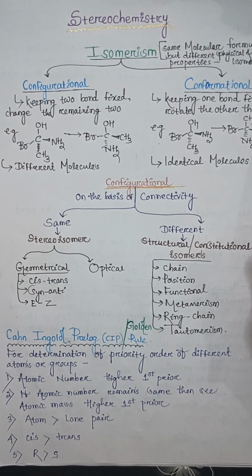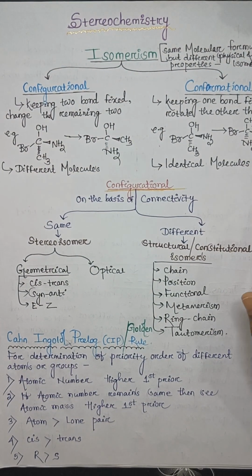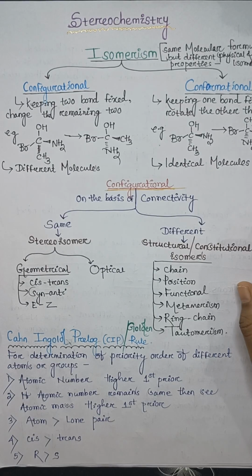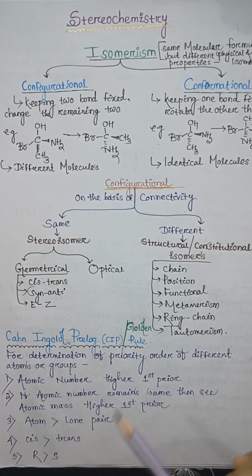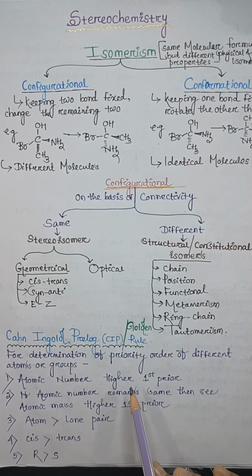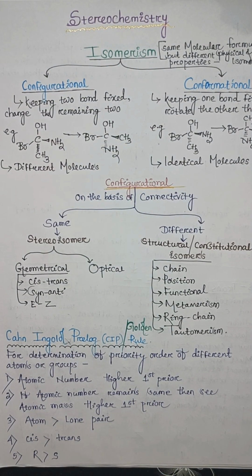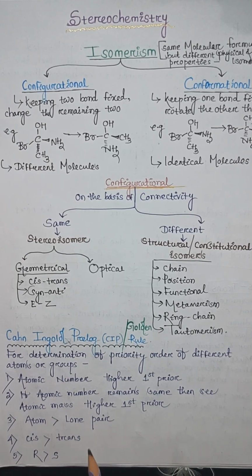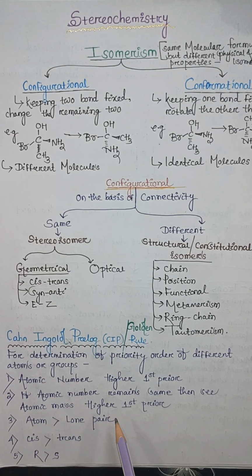First we have to learn a rule on the basis of which we assign the priority order. That is the Cahn-Ingold-Prelog rule or golden rule. Basically, these are three scientists who proposed these rules. For determination of priority of different groups or atoms attached to the carbon atom or any other atom, first the group or the atom having higher atomic number will get first preference.